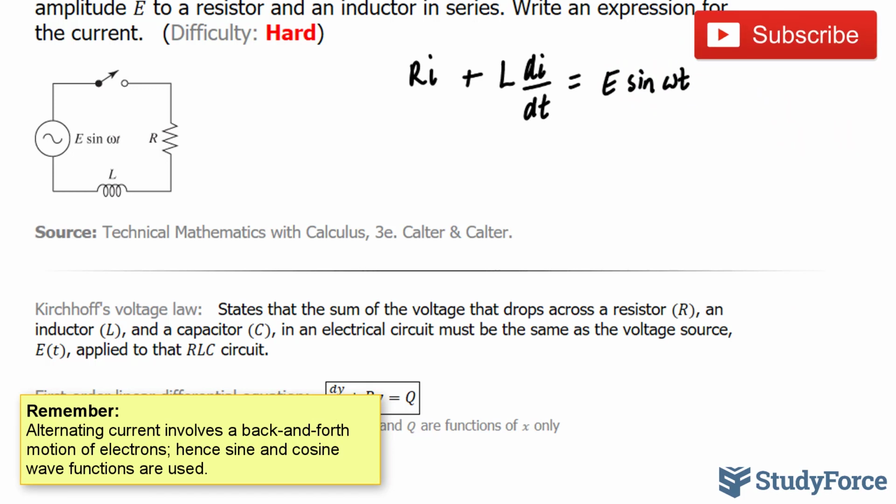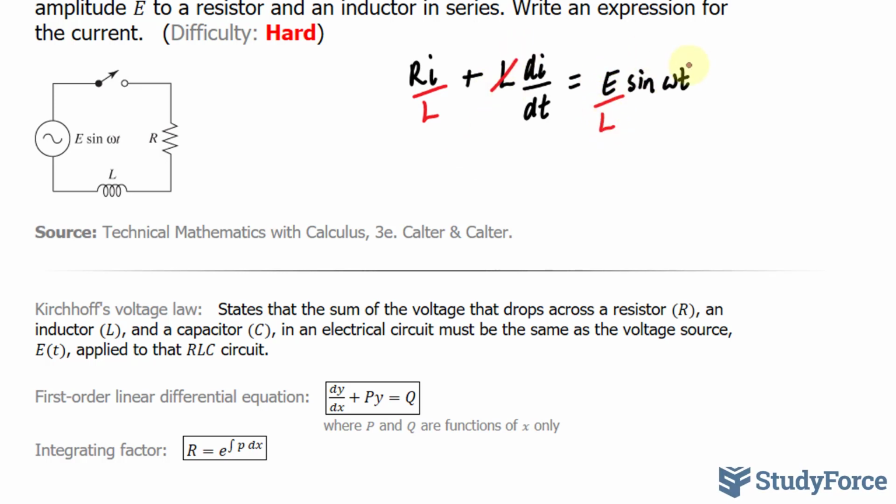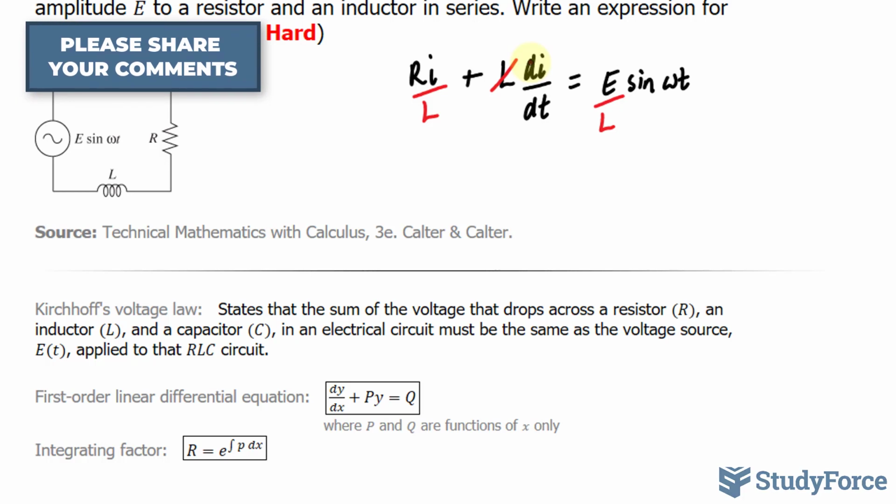Now, if I divide both sides of this equation by L and rearrange it, I'll end up with the following. Dividing this term by L, I end up with R over L. Dividing this term by L, the L goes away, and dividing this term by L, I end up with E over L times sine omega t. If I place this term at the front and this term next to it, I'll end up with a first order linear differential equation.